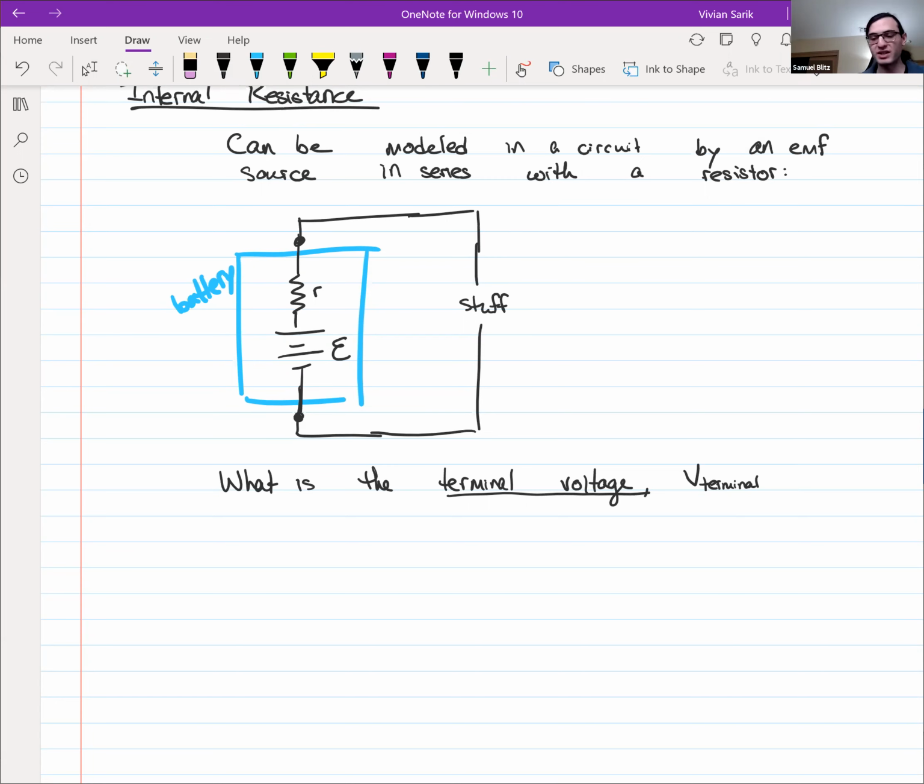So Avinash is precisely correct. The terminal voltage is just the EMF minus however much voltage is dropped because of the resistor. So that would be I times R, where I is the current that flows through the circuit, however much that is, say I.